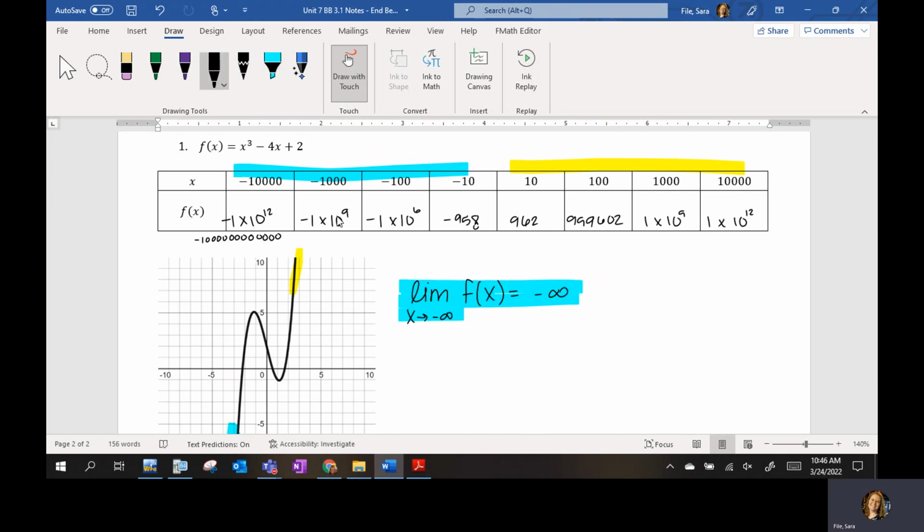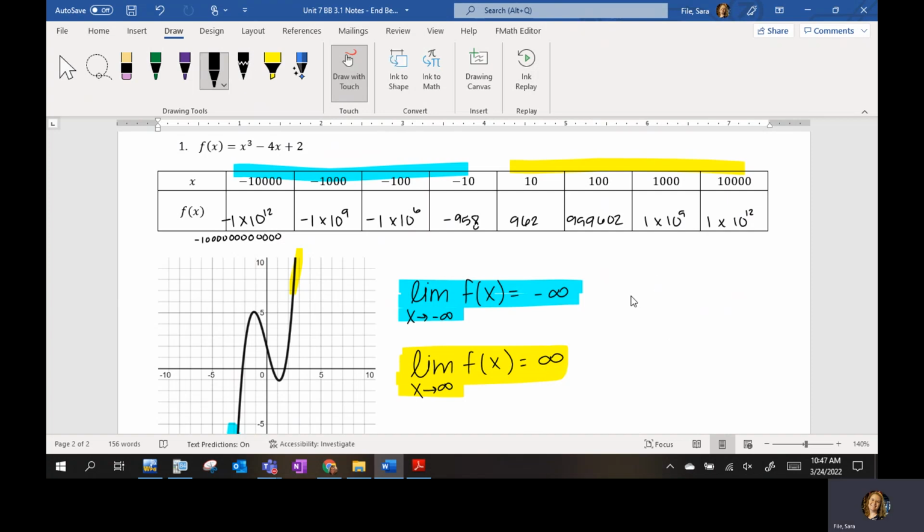Okay, now we're going to do the right side. So the limit as x approaches positive infinity of f of x is what? Infinity, positive infinity. It's going up on the right. If you want to write it in layman's terms, you can.